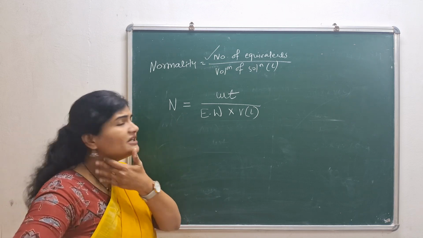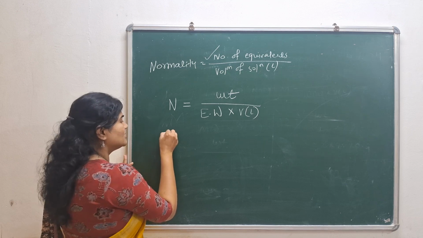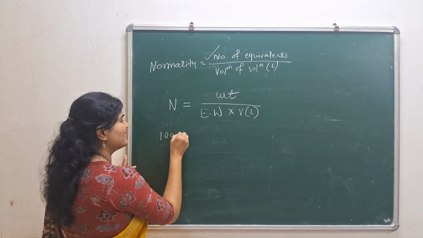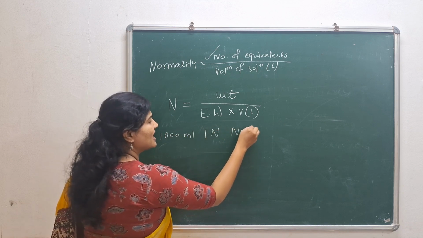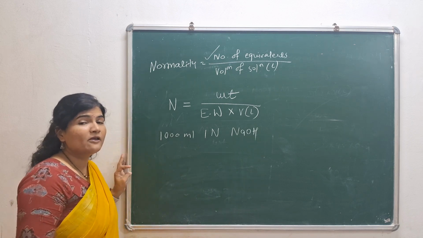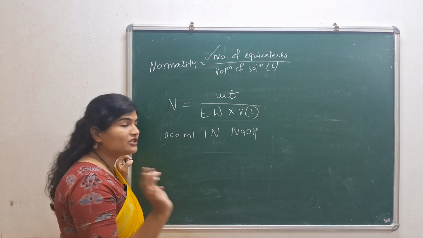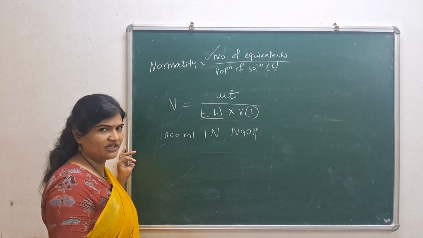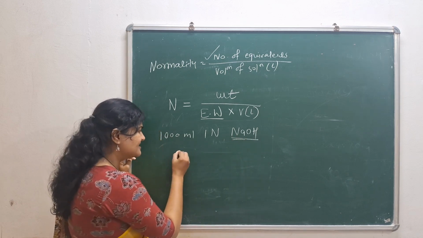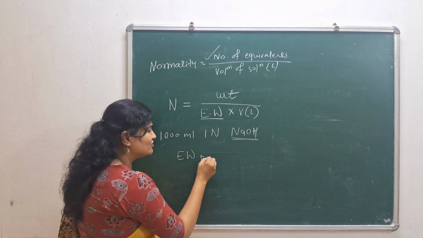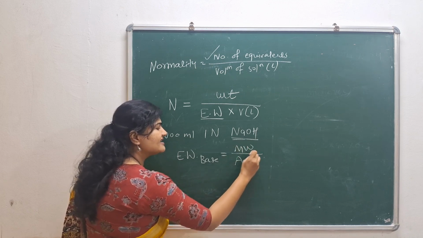Okay. Now let's take an example. Suppose I have to prepare 1000 ml of one normal solution of sodium hydroxide. Here you know the molecular weight of sodium hydroxide, it is 40 grams, but we are not using molecular weight here, we are using equivalent weight. NaOH is a base, and for a base the equivalent weight can be calculated by the formula molecular weight upon its acidity.